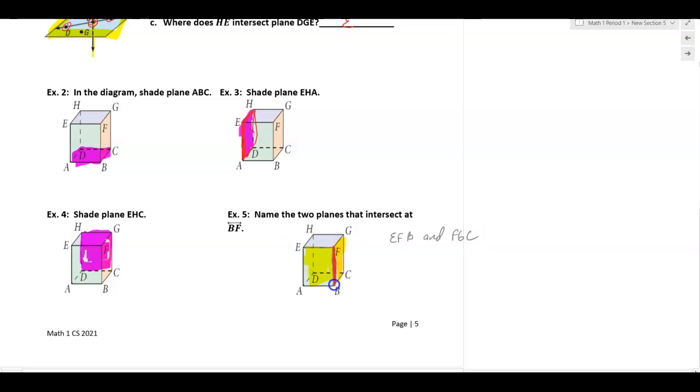So again, it's the front of the box and the right side of the box that intersect there. And something you could do too, if you have trouble with this, is use colored pens, right? If I look, BF is there, and if I use, say, blue, you'll see where they intersect is green. Okay?